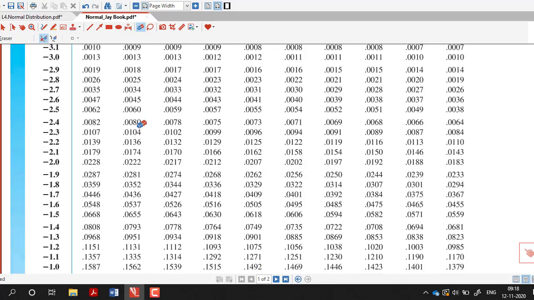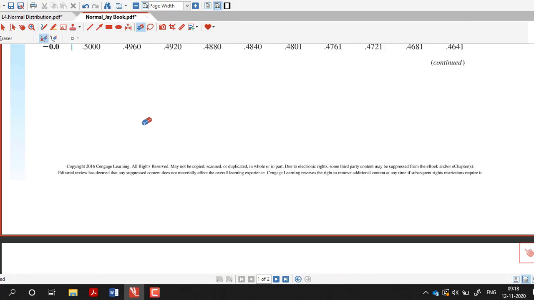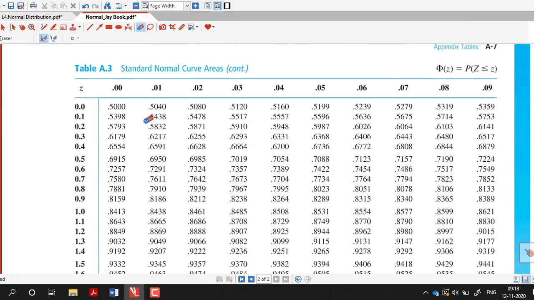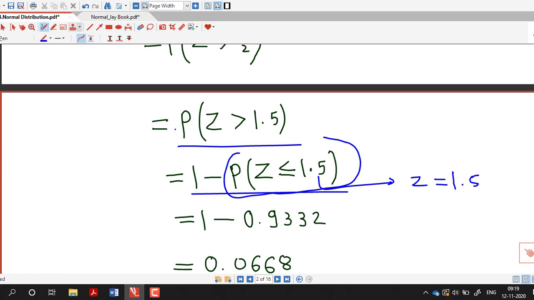In the column below Z I have to find 1.5, and I require only Z less than or equal to 1.5.